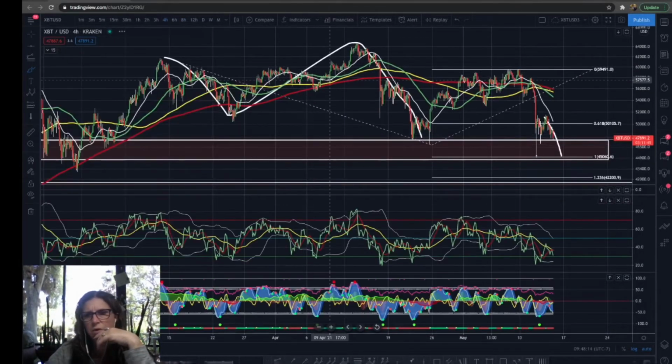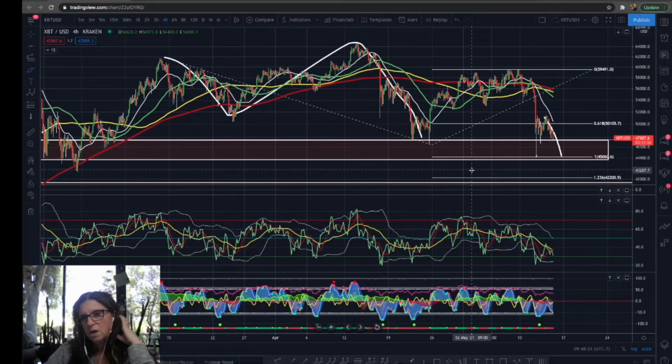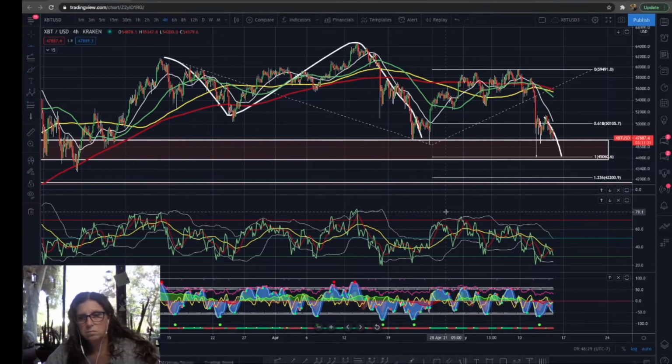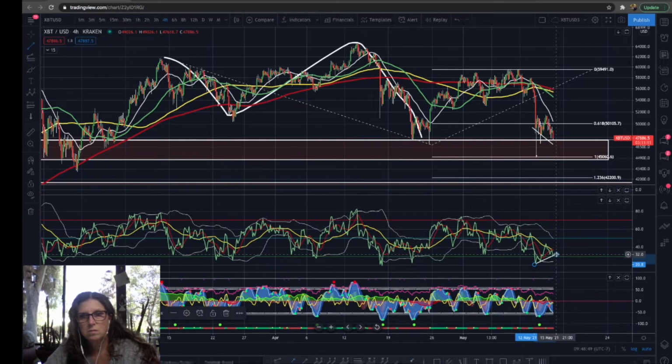Let's take a look at the 4-hour. If you use the candle closes, you could say that we are creating a divergence here. Okay.